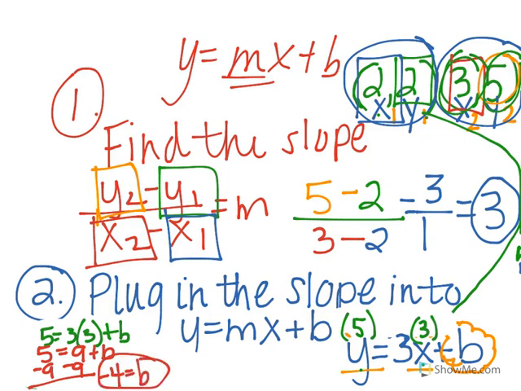If you remember, when I plugged in 2 and 2, I got the same b. So your b value is negative 4, and your m value was 3.